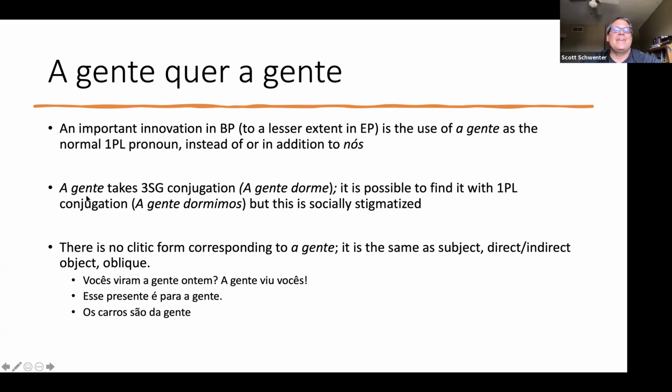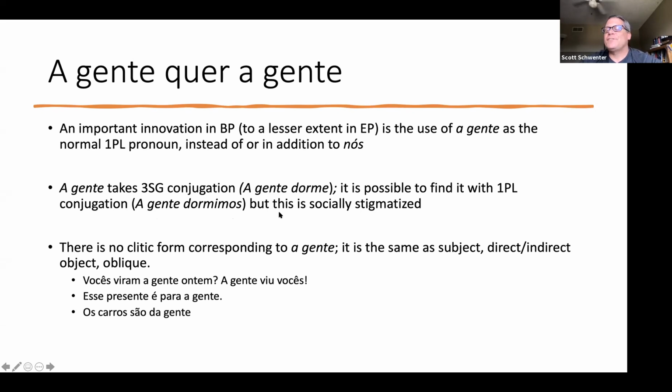And the interesting thing is it takes third singular conjugation. So it still takes the same conjugation that it took when it meant only la gente, right? So if you want to say we sleep, you say a gente dorme, right? Which sounds like the people sleep, but it means we sleep. It is possible to find it with first plural conjugation, like a gente dormimos.